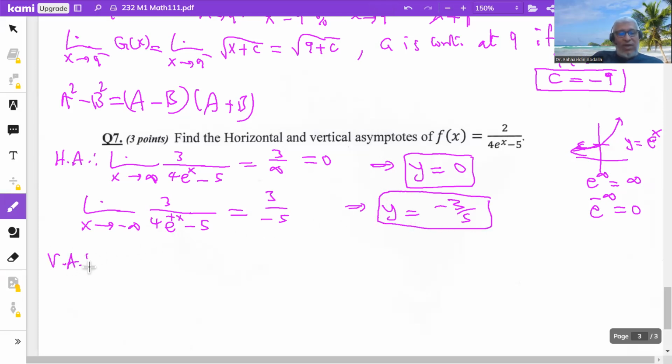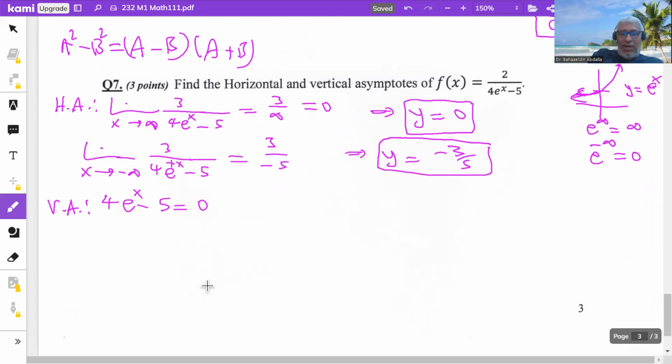To find the vertical asymptote, I look to the denominator, and the value that makes the denominator 0 will give me the equation of the vertical asymptote. So to solve this equation for x, I take 5 to the other side. And to get rid of the 4, I have to divide by 4, because if you apply ln, then I have 4 here.